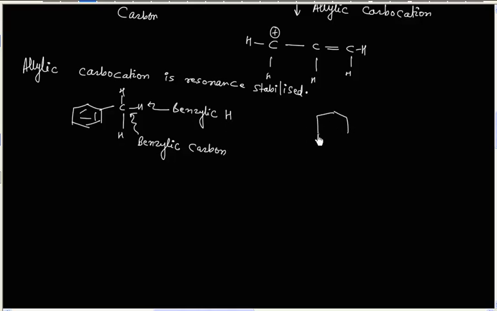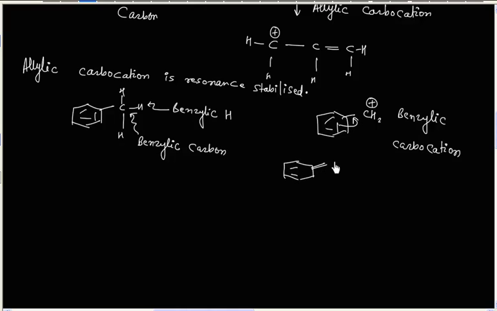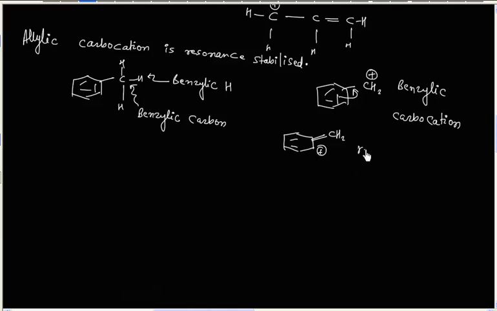So the corresponding carbocation is benzylic carbocation. And once again benzylic carbocation is resonance stabilized. So we can write resonating structures for this carbocation. More resonating structures can be written. So this carbocation is again resonance stabilized.